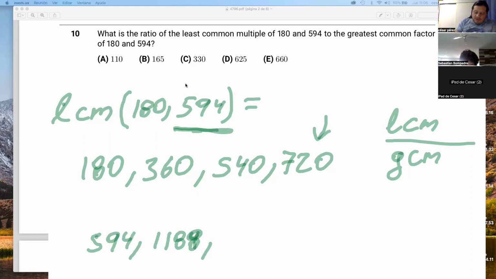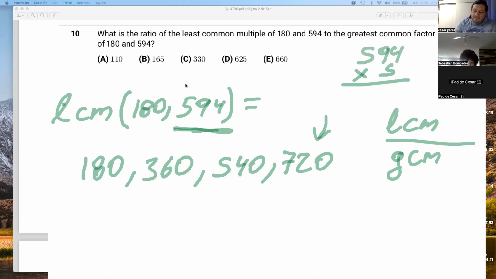So our first maybe it could be 5. Maybe it's 2,970.